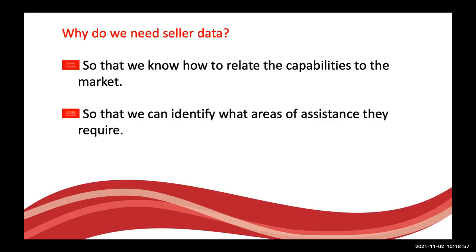Therefore, the assistance you will need to provide to your customer, for example in upgrading their packaging and adapting the labels to market requirements, will be important. Therefore, understanding seller data is also necessary and very important.